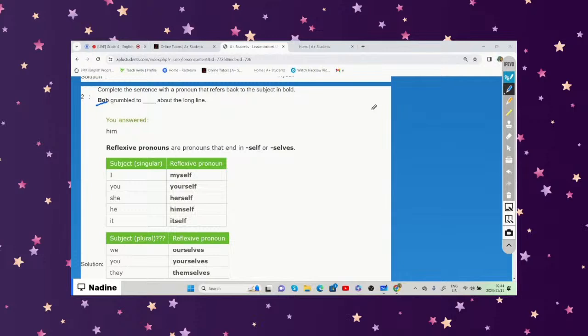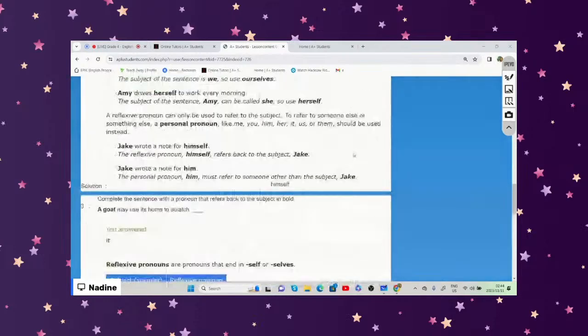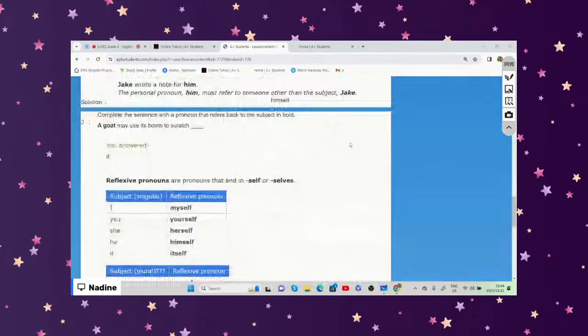All right, so if we choose the reflexive pronoun that refers back to Bob, then we can say Bob grumbled to himself about the long line. So himself basically refers back to Bob, right? Himself refers back to Bob. Yes, so himself is correct.